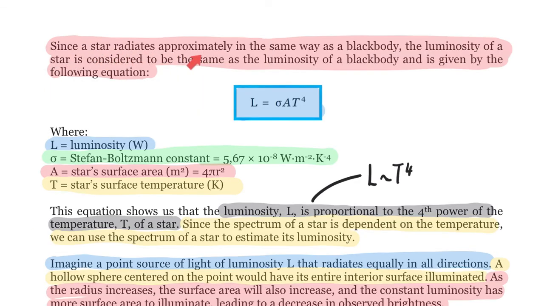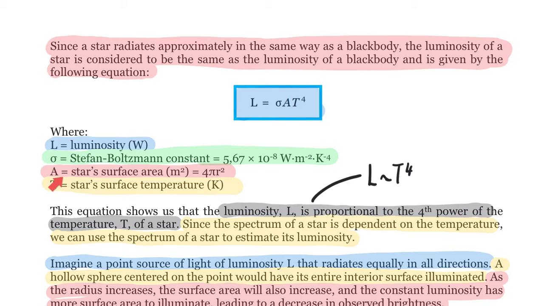Since a star radiates approximately in the same way as a black body, the luminosity of a star is considered to be the same as the luminosity of a black body, which is given by the following equation. L equals sigma A capital T to the power 4, where L is the luminosity measured in watts, sigma is the Stefan-Boltzmann constant, which is 5.67 times 10 to the negative 8 watts per square meter per Kelvin to the power 4.